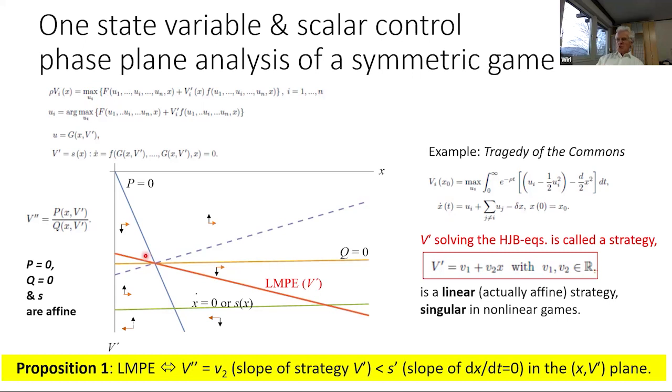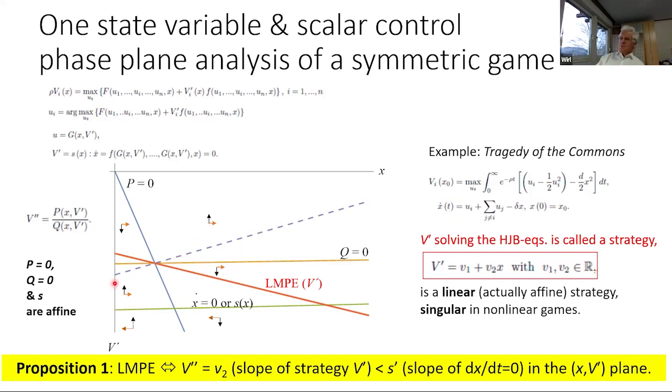Only the solution passing through this intersection, which has a slope less than the steady state line, qualifies for a linear Markov perfect equilibrium. So if you look at this chart, you see immediately that this leaves of the two potential candidates only the red line as a linear Markov perfect equilibrium, because the blue line violates the condition.